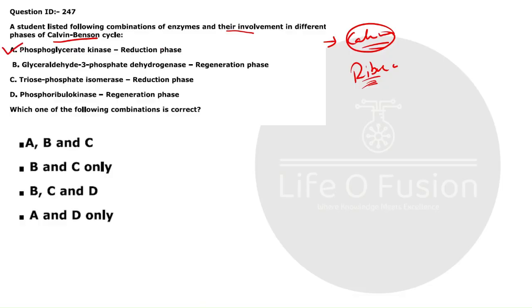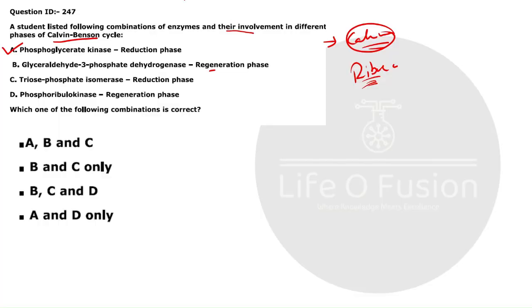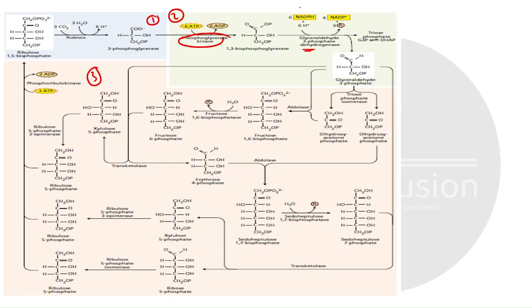B, glyceraldehyde 3-phosphate dehydrogenase in regeneration step. Glyceraldehyde 3-phosphate dehydrogenase, breakdown of glyceraldehyde 3-phosphate. Where is it involved? In your reduction step. See here, in the reduction step of the Calvin cycle, it uses more NADPH.